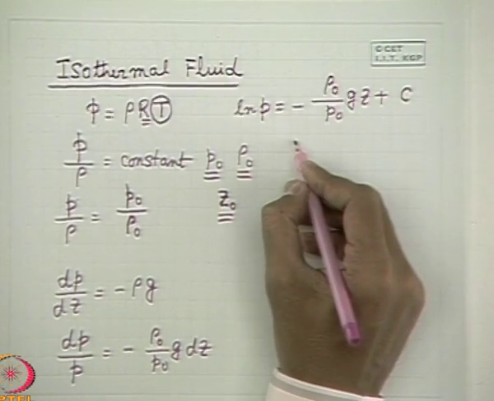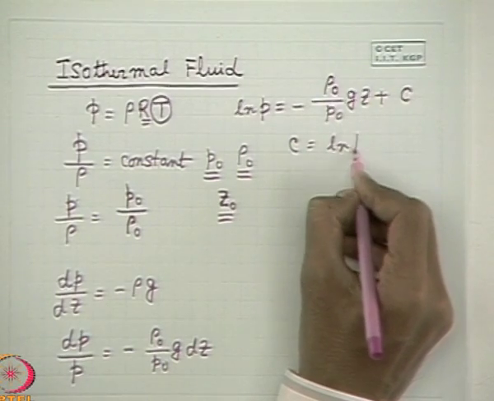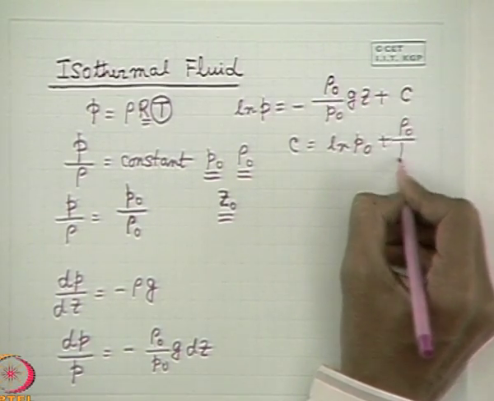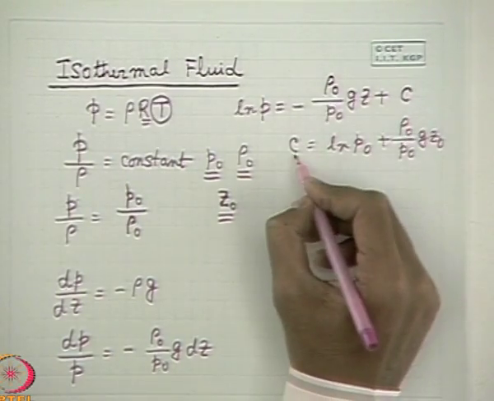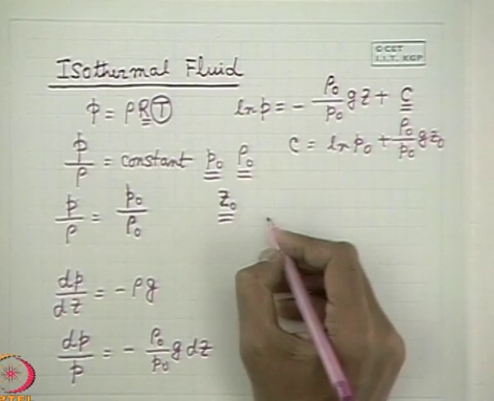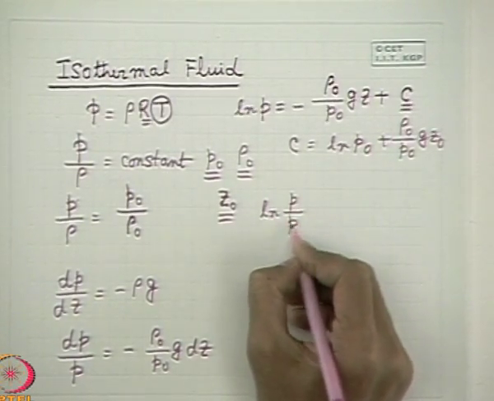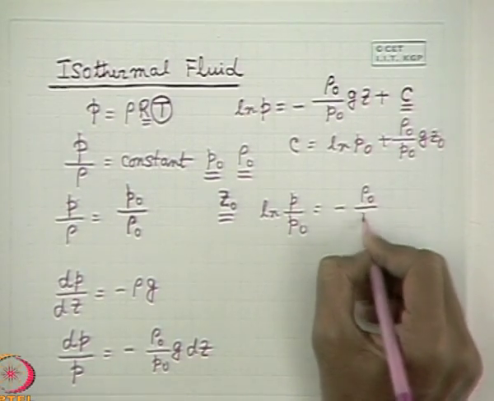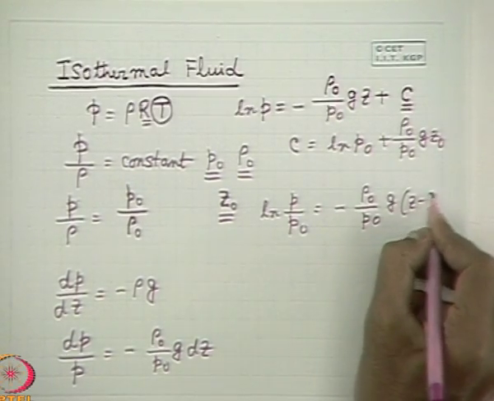Then we can find the value of C as ln P0 plus rho 0 by P0 g z0. And this value of C, if we substitute here, simple school level thing, we get ln P by P0 is minus rho 0 by P0 into g times (z minus z0).